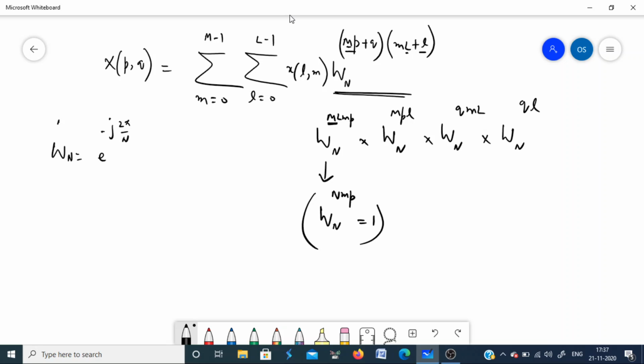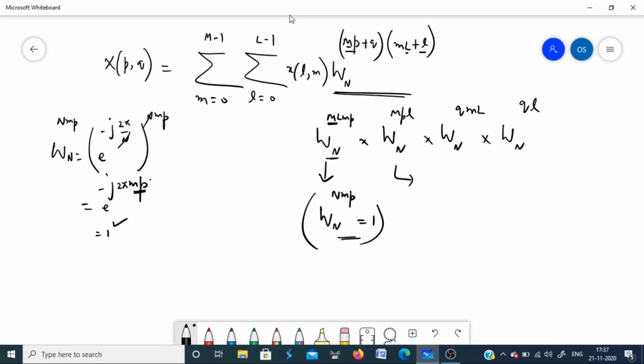If I raise it to the power n mp, the n gets cancelled, and you get e raised to the power minus j 2 pi mp. Since m and p are both integers, this will simply become 1. It is cos minus j sine, so cos becomes 1 and sine becomes 0. So this factor will become 1 in the multiplication.